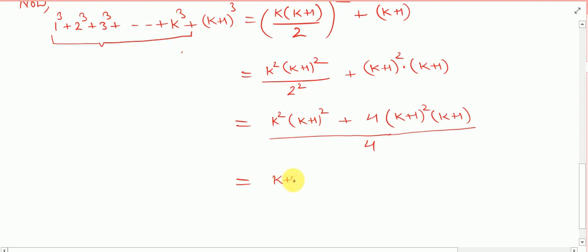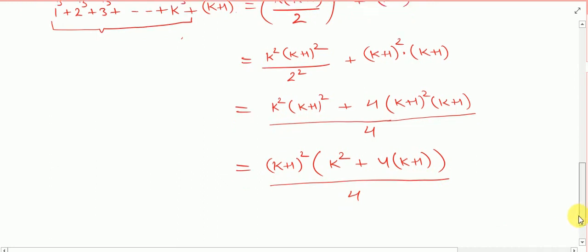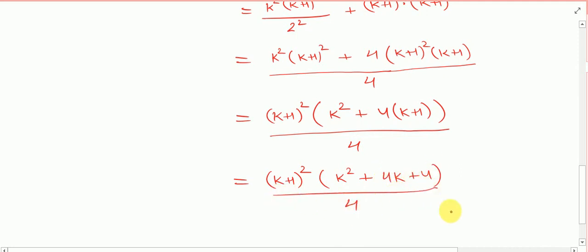So we can write (k plus 1) whole square, then you are left with k square plus 4 times (k plus 1), which gives k square plus 4k plus 4 upon 4.